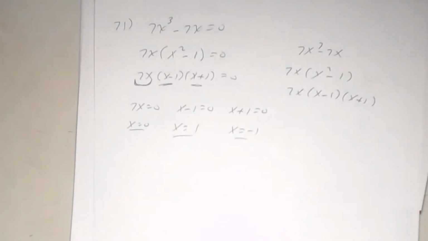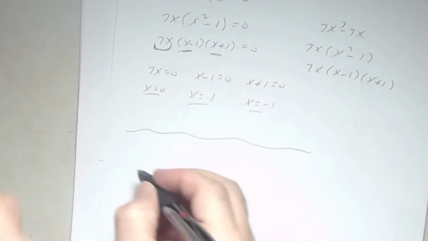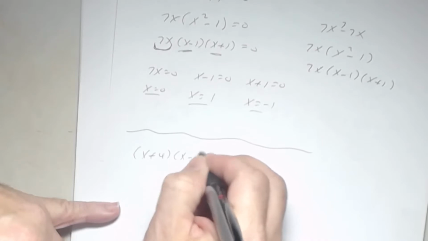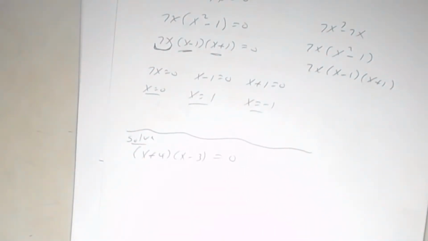Okay, suppose you had. So when we first started this, we looked at this example: x plus 4 times x minus 3 equals 0. So we looked at something like this right when we started the zero factor property.